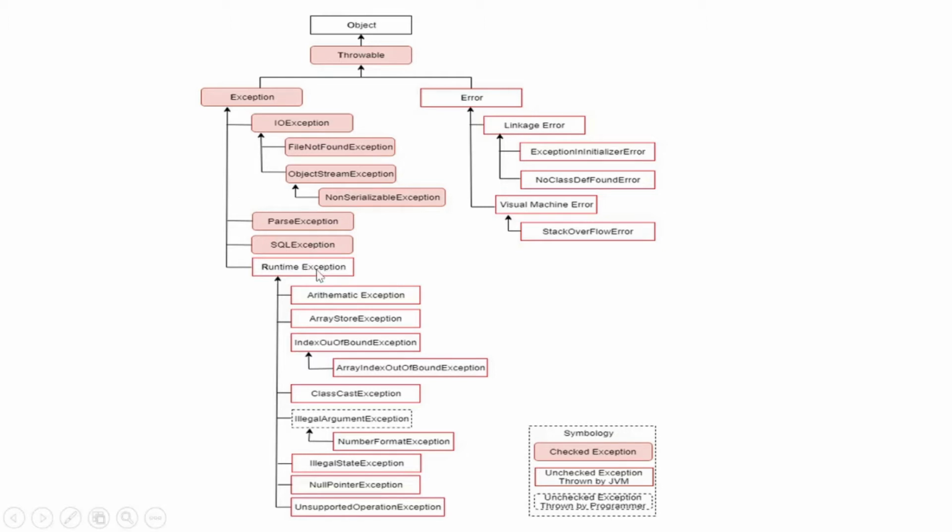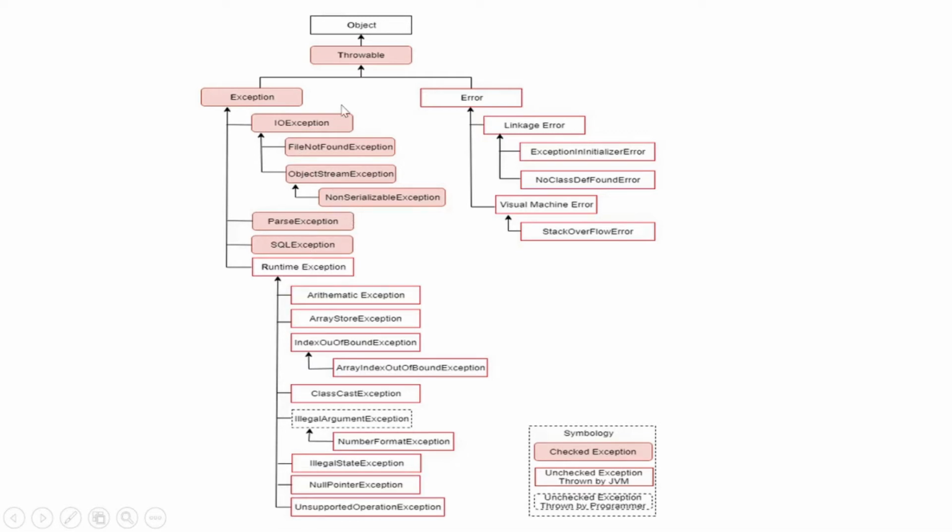All the classes that are subclasses of RuntimeException are unchecked. These classes do not need to be declared or handled. Same for Error. However, all the classes underneath Exception, with the exception of RuntimeException, need to be handled or declared. They are called checked exceptions.